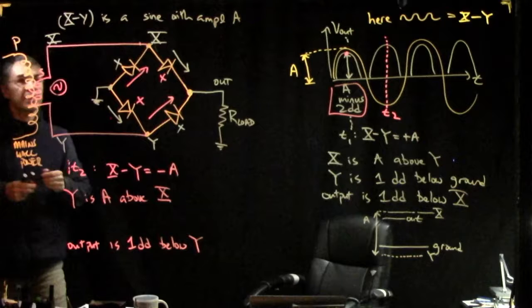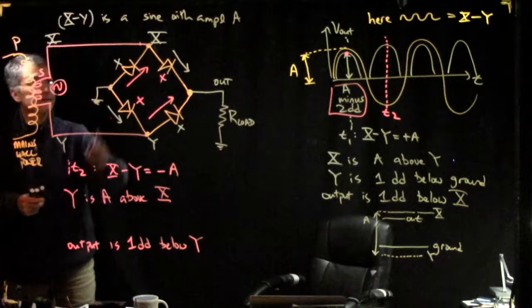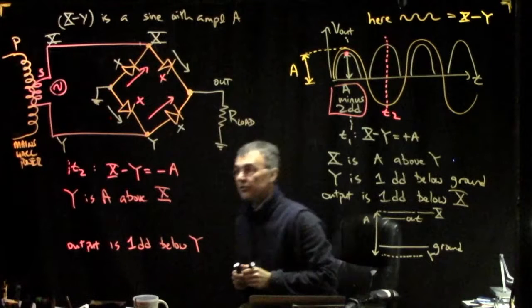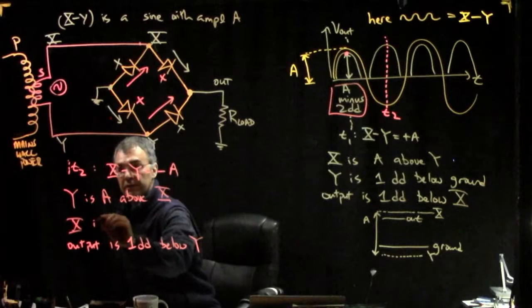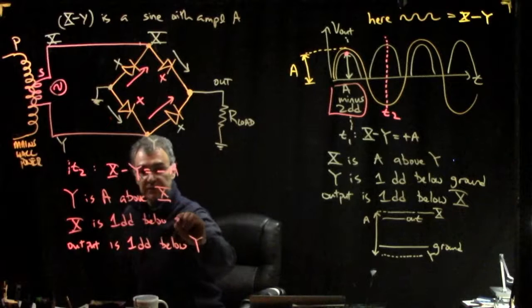So now we have current flowing from ground down to X. So then we have X is one diode drop below ground.